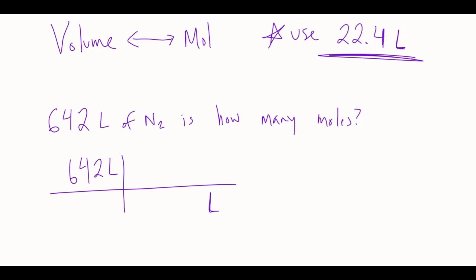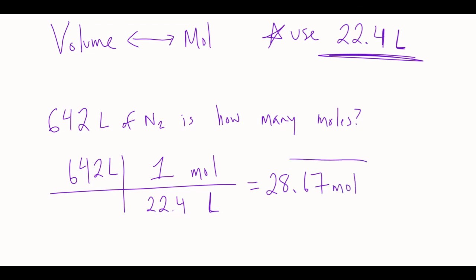Diagonal matches, liters on the bottom, moles on top. 1 goes with the mole, and anytime you have liters, you use 22.4. So we're going to take 642 divided by 22.4. Our final answer is going to be 28.67 moles. And that is how you go from molecules to moles or moles to volume.